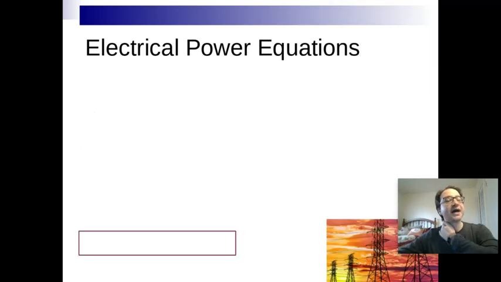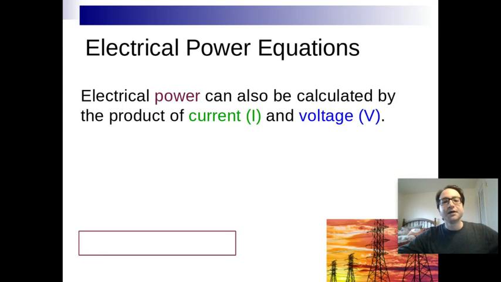So let's actually look at how to solve for power with electrical components, like I mentioned before: voltage, current, and resistance. Those are the three main measurements we're focusing on. How do they affect power? Well, here we go. Another definition of power, as long as it's the electrical form of power, is by combining the current flowing through an object with its voltage. And by combining, I mean multiply.